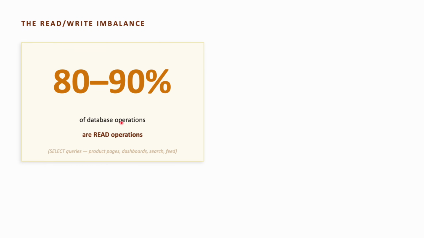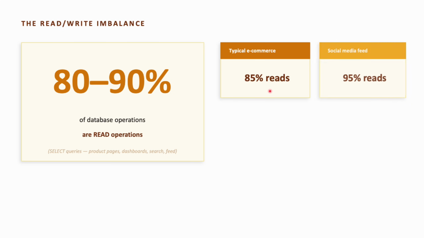Now let me explain the fundamental insight behind read replicas. As you know, most web applications are dramatically read heavy. In an e-commerce store, when a user searches for a product, that is a read. On social media, when a user loads their feed, that is a read. When a user views a dashboard, that is a read.